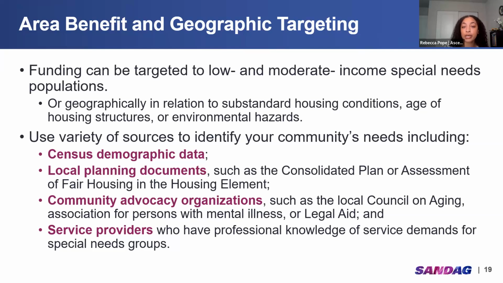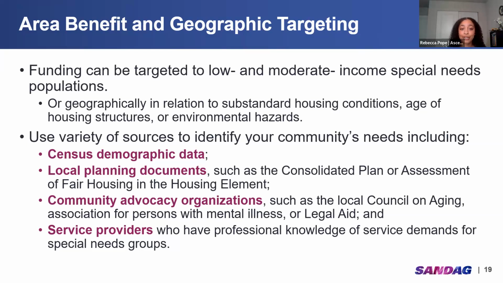Programs could also focus on defined geographic areas. So this could include neighborhoods where there's an older housing stock, neighborhoods with a greater predominance of substandard housing conditions, or neighborhoods that are maybe more at risk of environmental hazards. There are multiple sources of information that can be used to identify these areas. And in some cases, maybe these areas are already defined for you.